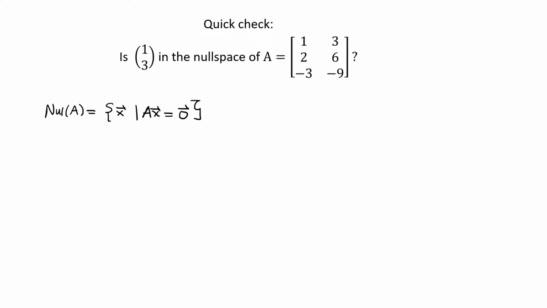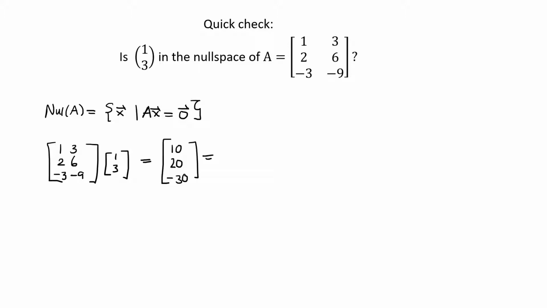To decide whether or not 1, 3 is in this null space, all we need to do is multiply A by this vector 1, 3. This gives us 10, 20, and negative 30, which is not equal to the 0 vector, and so it is not in the null space.